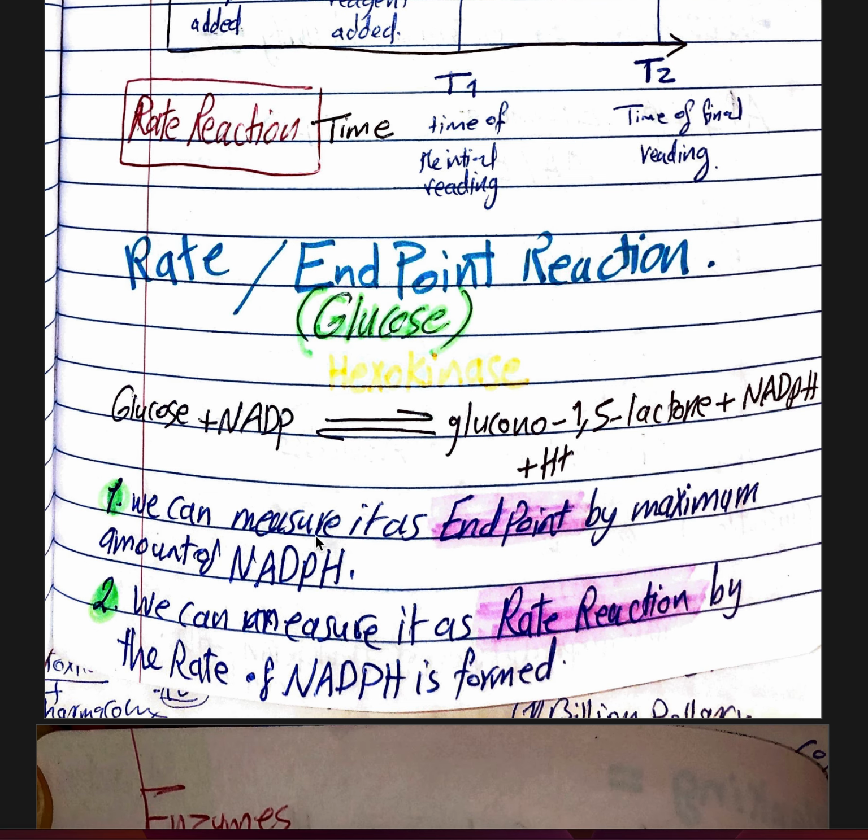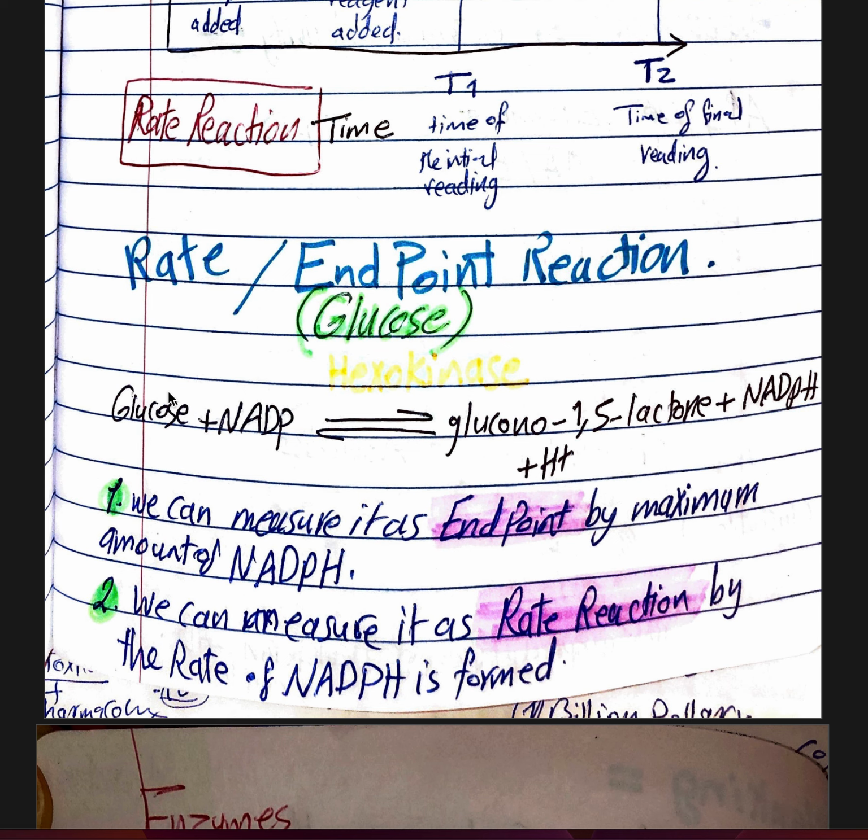We can measure it as an endpoint reaction by the maximum amount of the NADPH here, and we can also measure it as a rate reaction by the rate of NADPH formation. So the reaction can be monitored both by endpoint reaction and by rate reaction. And the question is why?